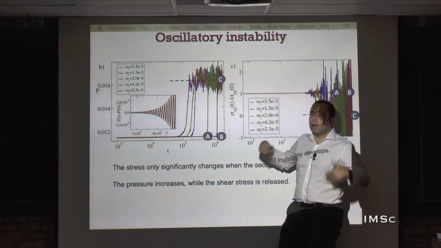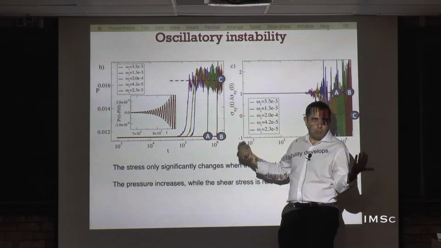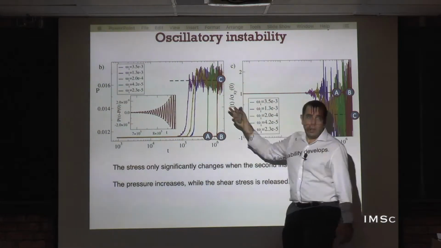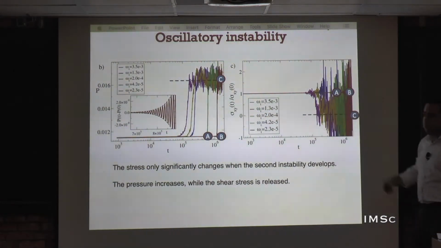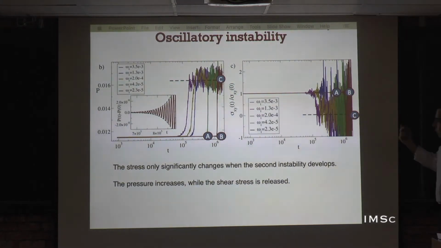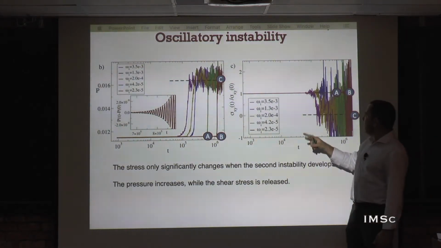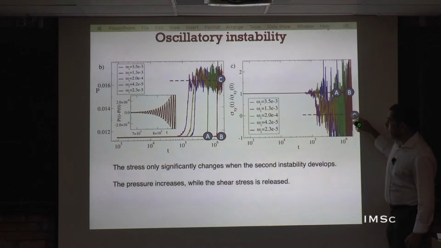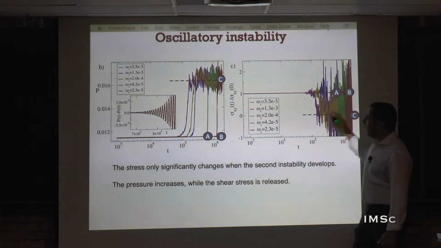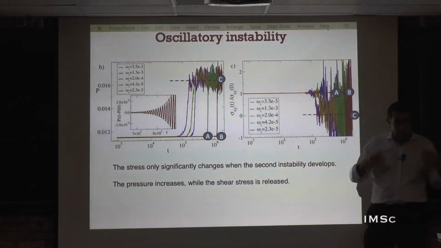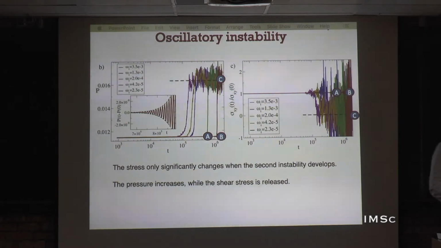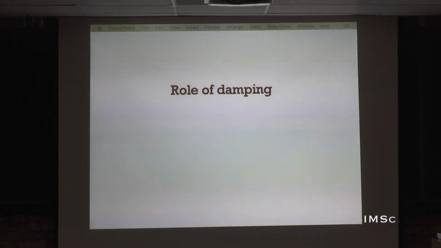Only when you have a macroscopic rearrangement do you have a change in pressure, that drops. And similar thing for the shear stress, that it only drops. So the system is able to release the shear stress only when there is this secondary instability, which is quite large. So now I'm going to conclude with the last slide, which focuses on the role of damping.